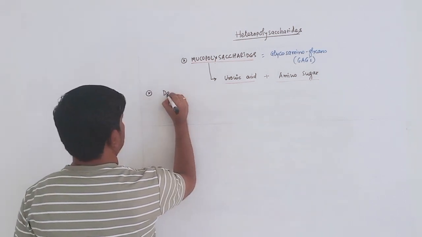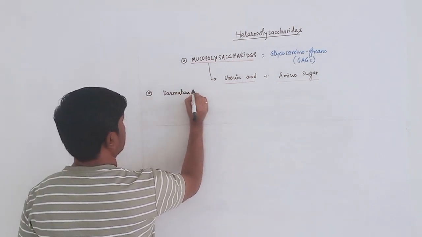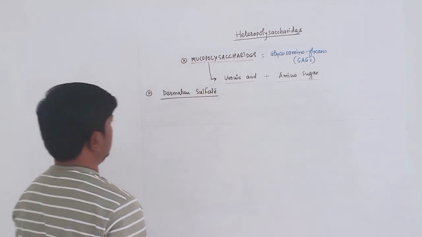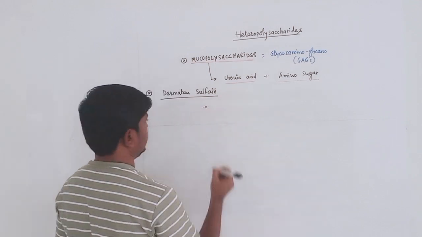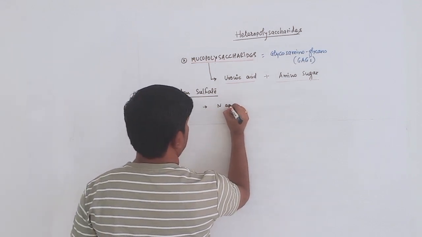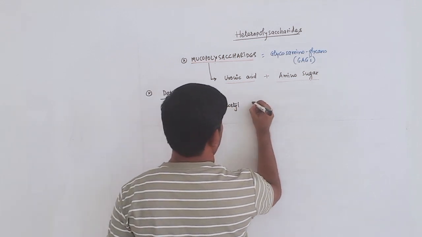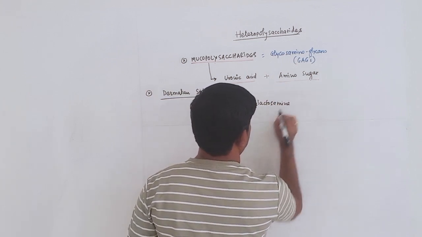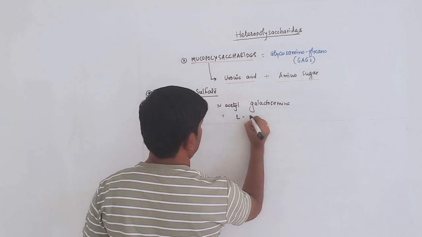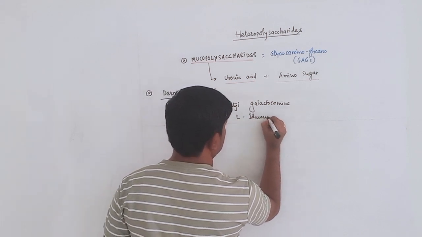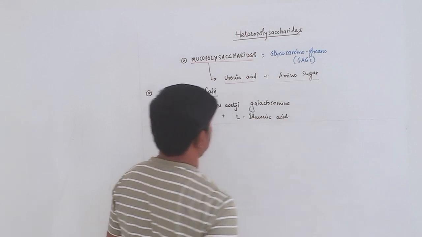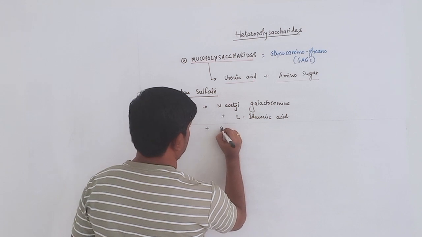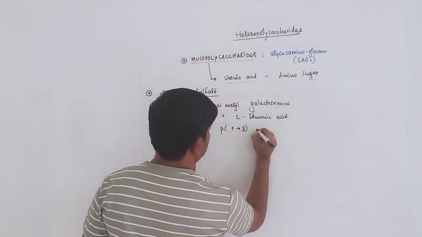Now we'll see dermatan sulfate. Dermatan sulfate consists of N-acetyl galactosamine with L-hyaluronic acid, which are linked together with the help of beta 1,3 glycosidic bond.